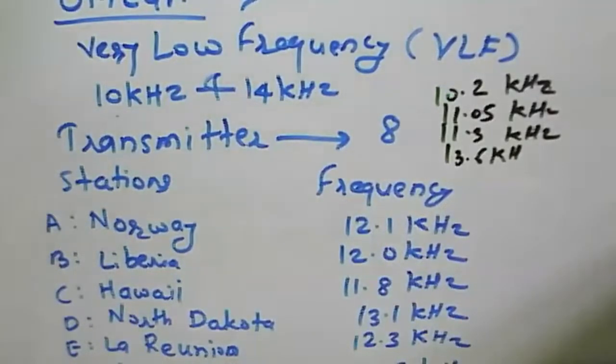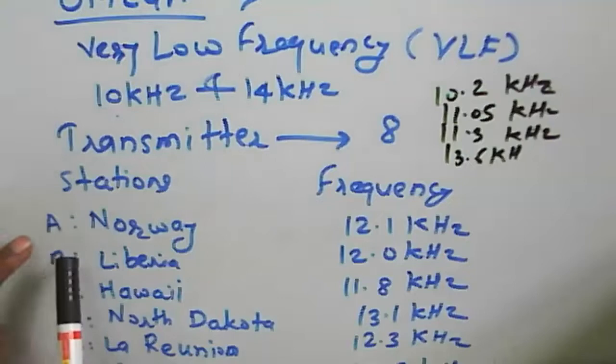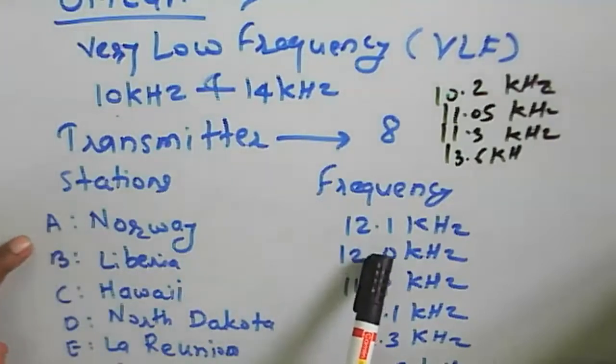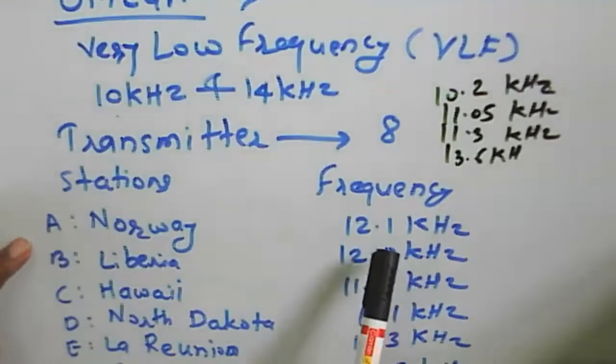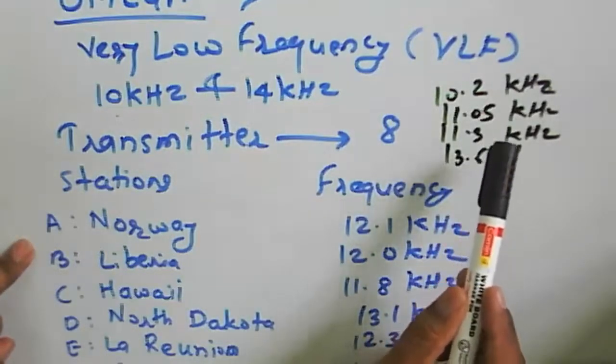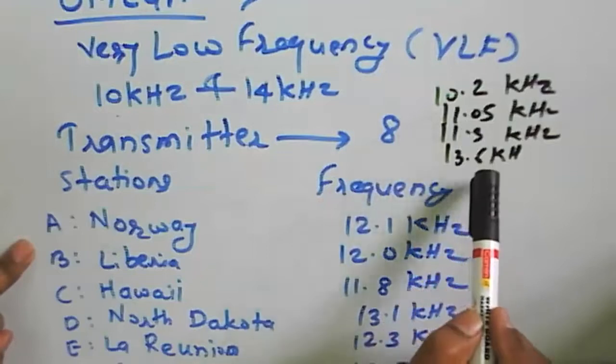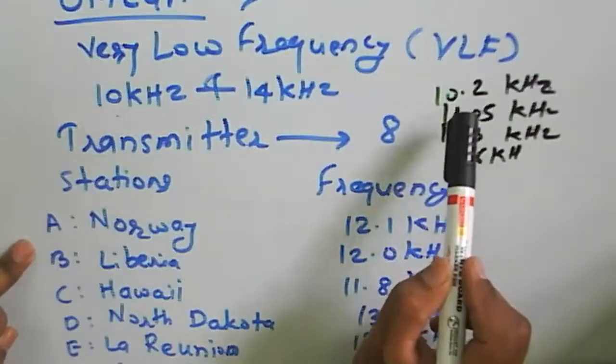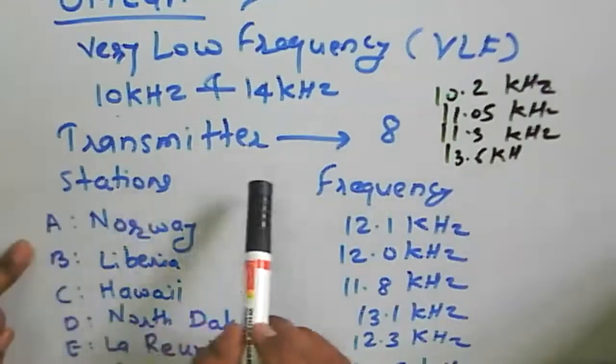So each Omega transmitting station, for example Norway, operates at 12.1 kilohertz, but it can transmit signals of frequencies 10.2, 13.6, 11.3, and 11.05.